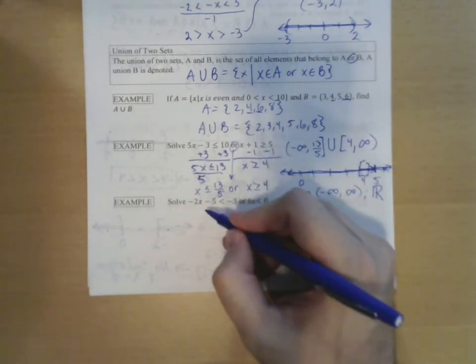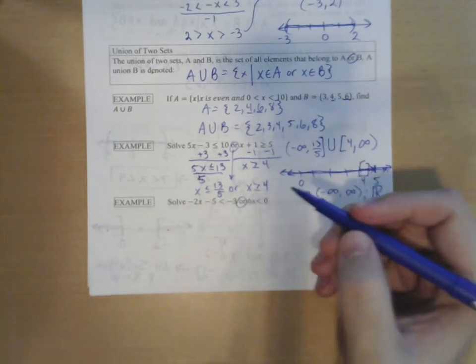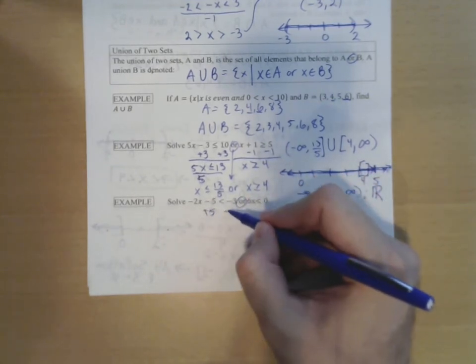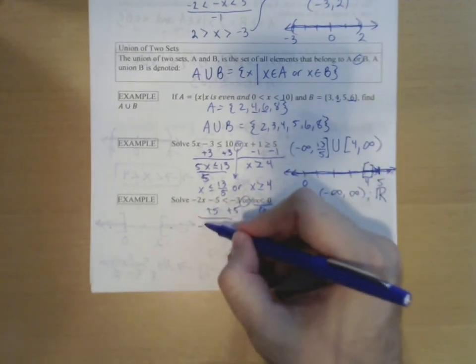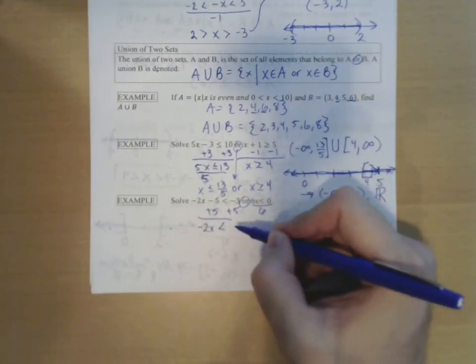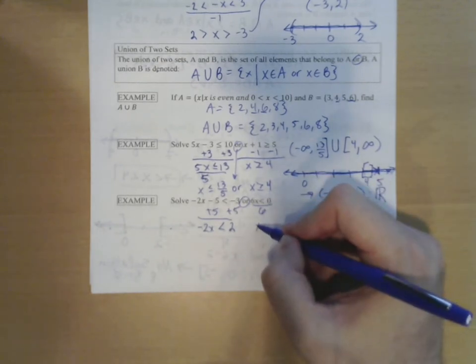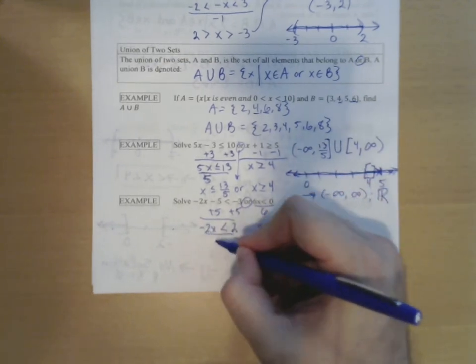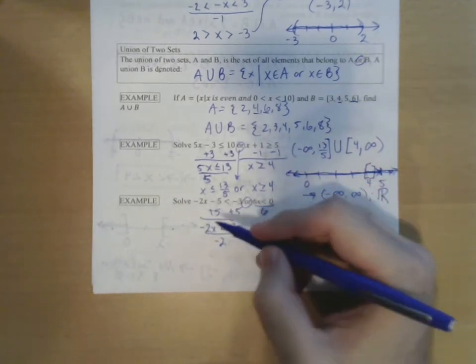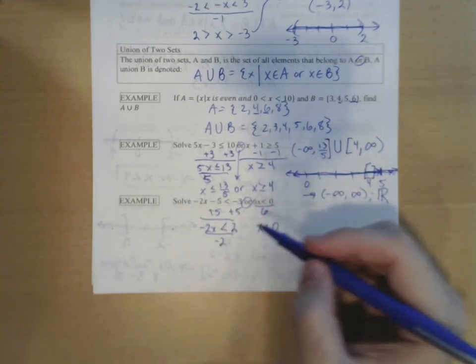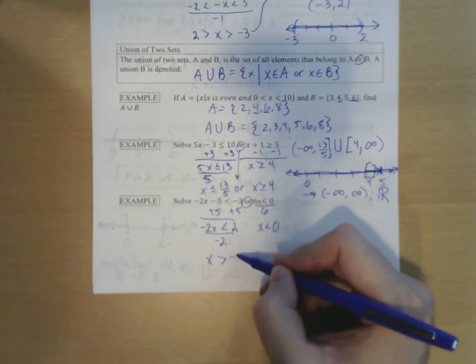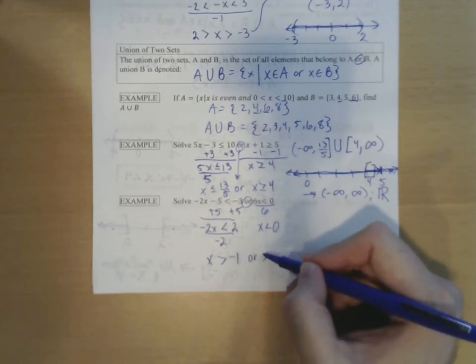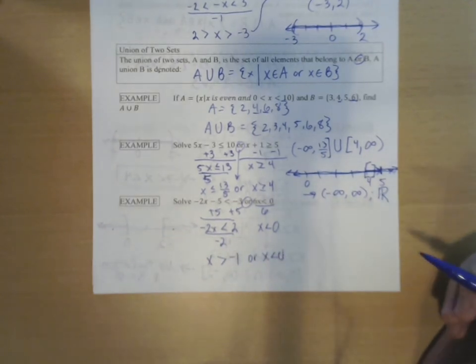Okay, so on this last one here, again, it's an OR. We're just solving individually, so add 5, add 5. We're going to divide this one by 6. This gets us negative 2x is less than 2, and this gets us x is less than 0. Divide by negative 2. We flip our inequality symbol since we're dividing by a negative. We get x is greater than negative 1, or x is less than 0.